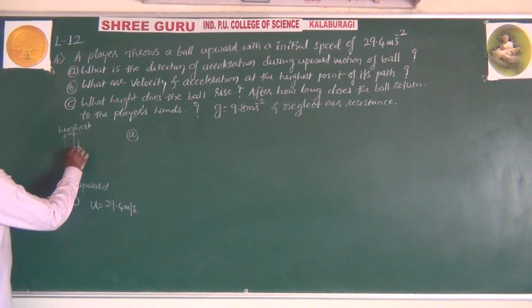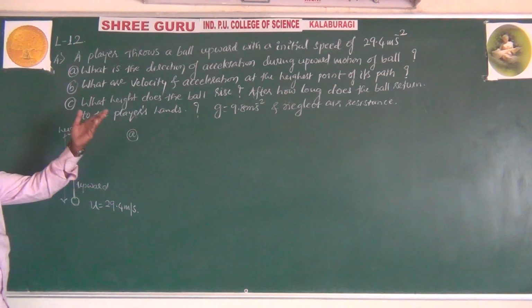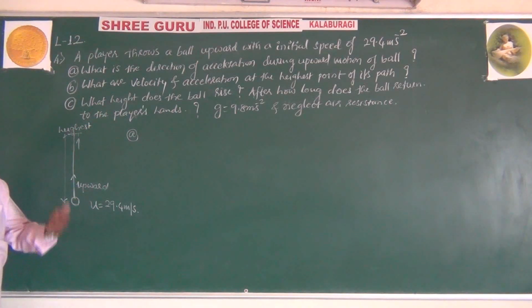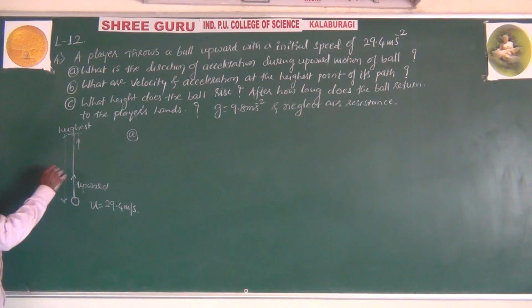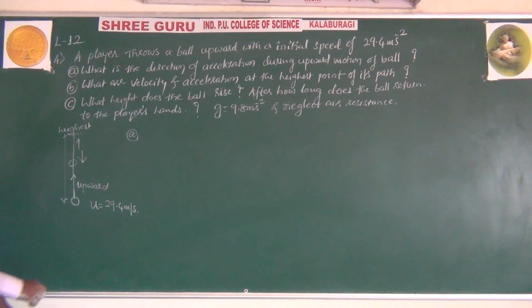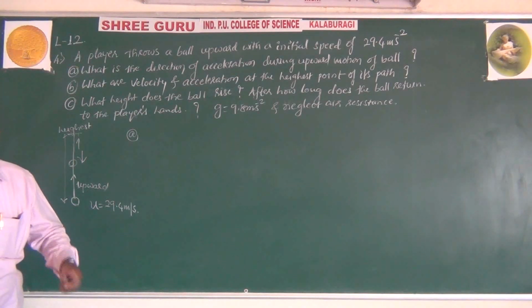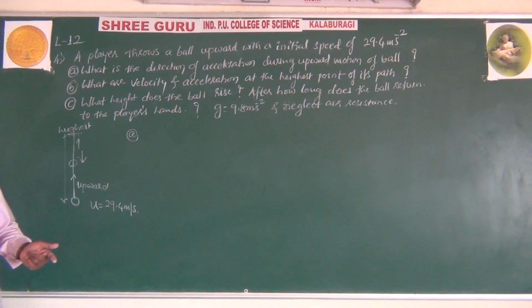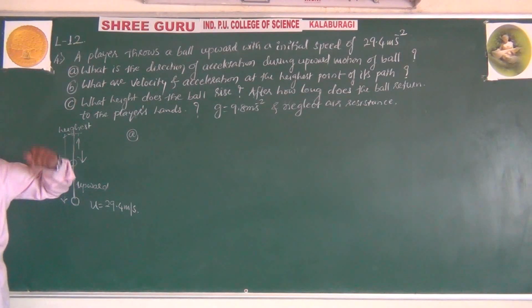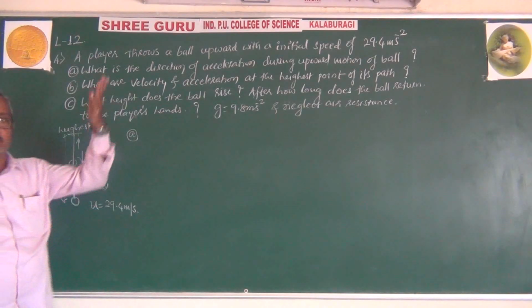Keep it in mind, whenever the ball is thrown upward, due to gravitational force, the acceleration of the body is downward, because the gravitational force is towards the center of the earth. Hence the acceleration of the ball is vertically downward during its upward motion.